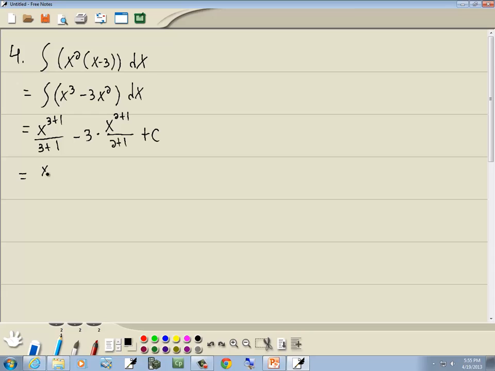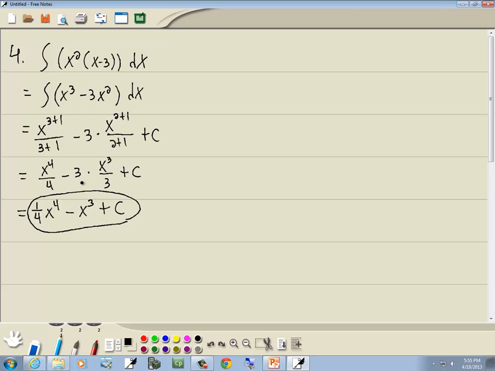So this is x to the fourth over 4 minus 3 times 2 plus 1 is x to the third over 3 plus c. Now this x to the fourth over 4, usually they'll take that number and put it out in front, so we'll have 1/4 x to the fourth. Here the 3's cancel, so we've got minus x to the third and plus c. And that's our answer.